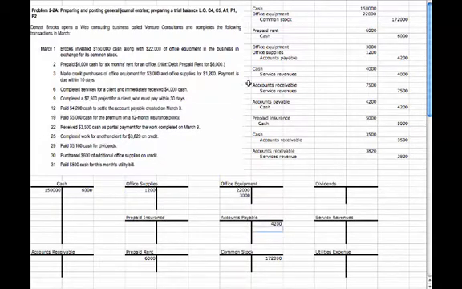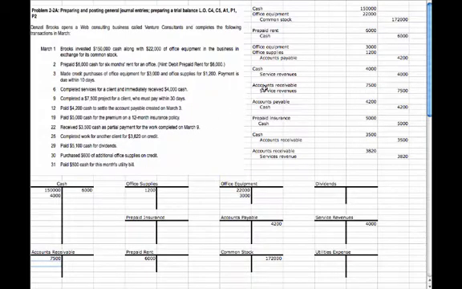Next, we take the cash increase of $4,000, and we want to increase the service revenues by $4,000. The next one here, we're going to increase accounts receivable by $7,500.